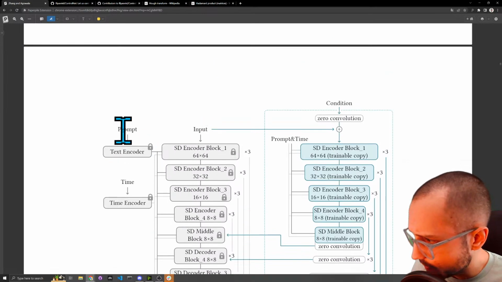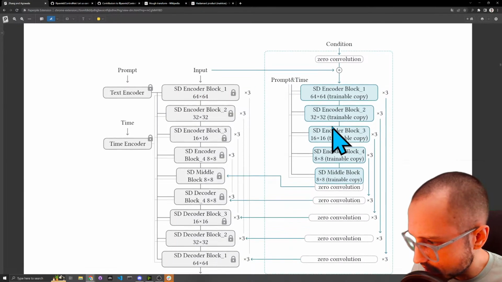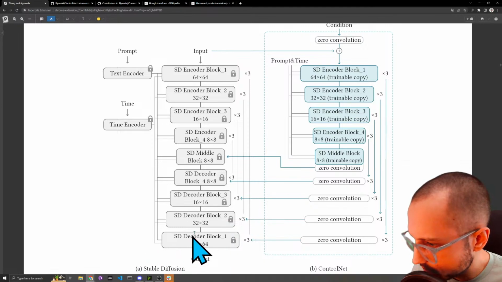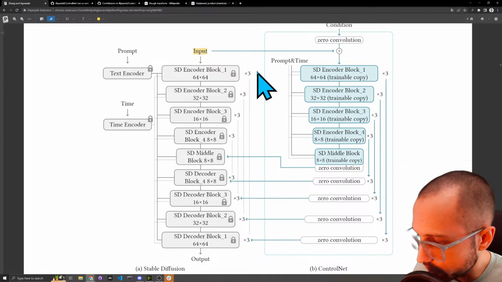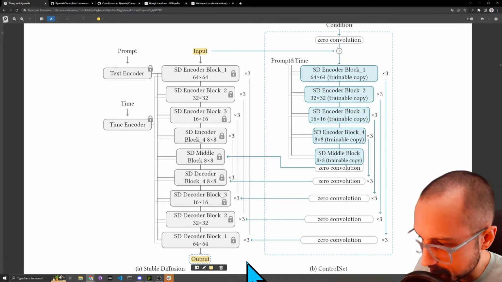Right, so let's see. There's a lot of stuff here. So normal Stable Diffusion, the way it works is you have your input, which is basically noise, right? And then you remove the noise and create your image.